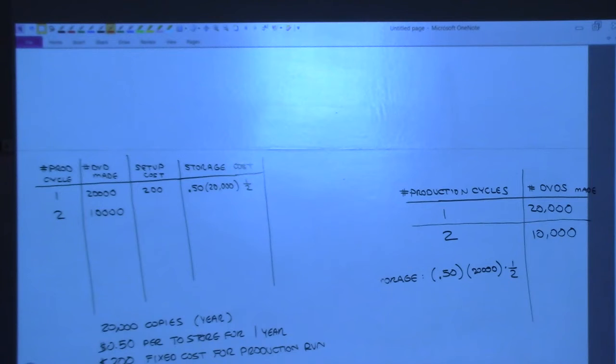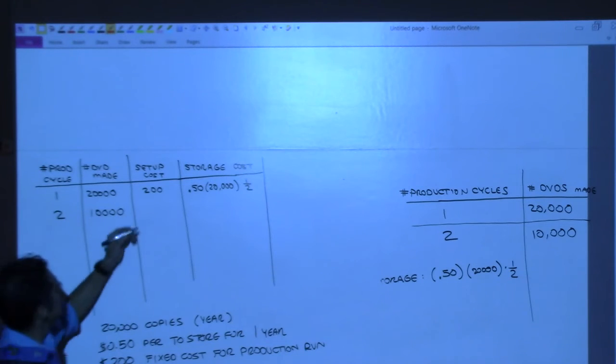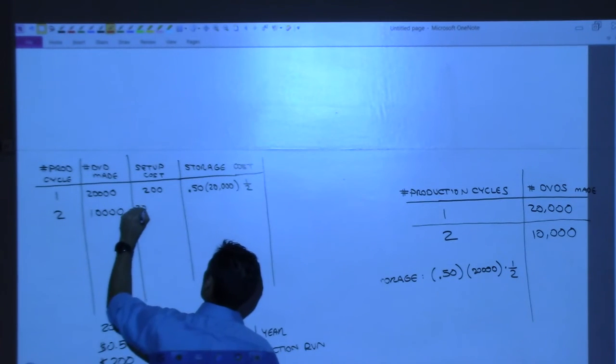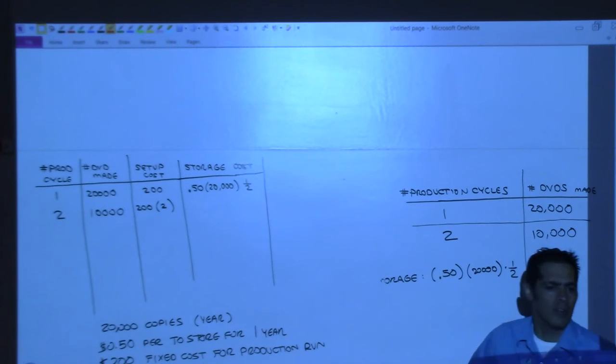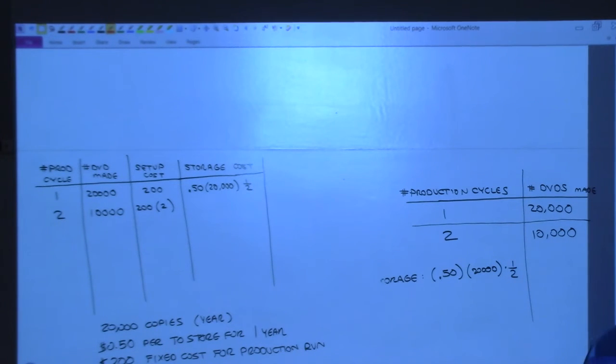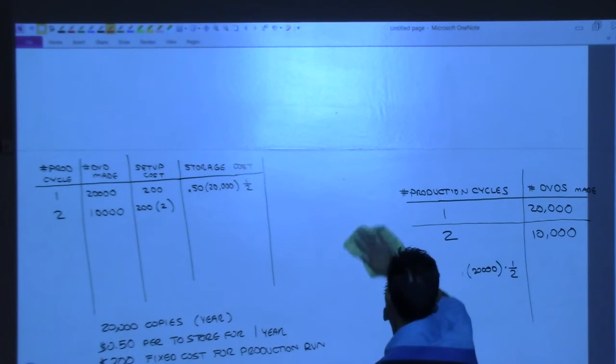How much is my setup cost now? 400, because I have to run the production twice, right? So that's actually going to be 200 times 2, isn't it? 400. I want to stress to you where the 400 comes from. It's 200 times 2. Now, the storage cost is harder to understand.